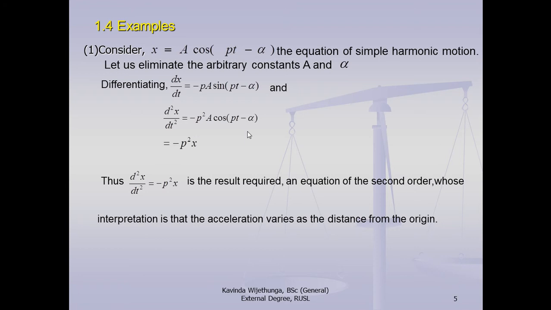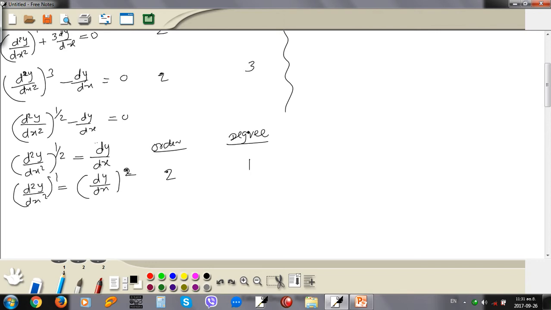So here consider the differential equation x = a cos(pt − α), the equation of simple harmonic motion. Let us eliminate the arbitrary constants a and α, right?